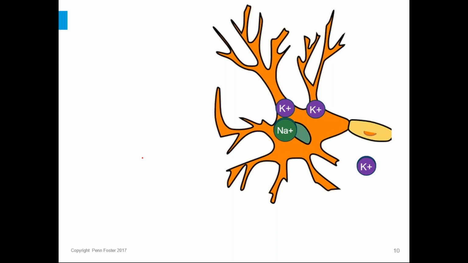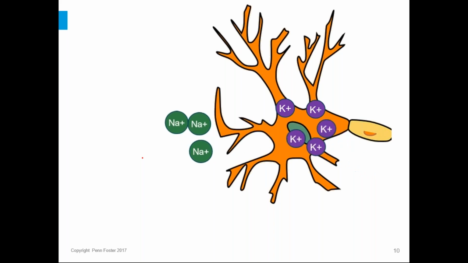Active transport moves potassium ions into the cell and sodium ions out of the cell. And this creates a high concentration on each side. So these ions would like to spread out. The potassium would like to leave, the sodium would like to go into the cell so that they're spread out.